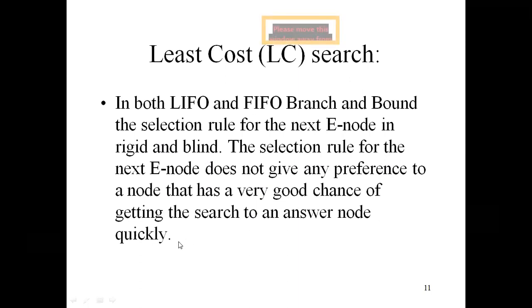Suppose in a state space tree, from the root node, we have many paths. Out of these paths, some will give the solution at a fast rate, so such a path should be selected. But in BFS or DFS, that is in FIFO or LIFO, it will not give a better path at a fast rate.